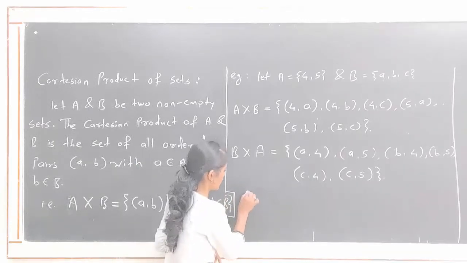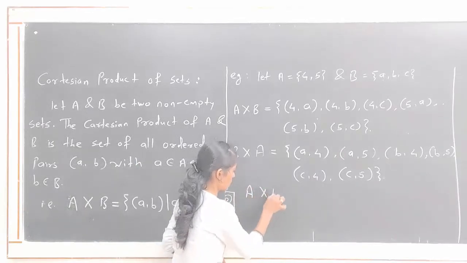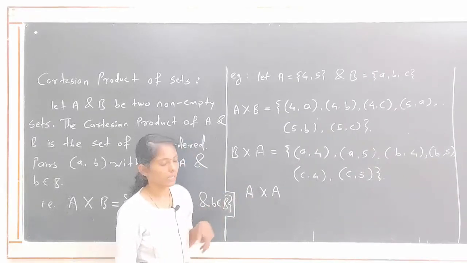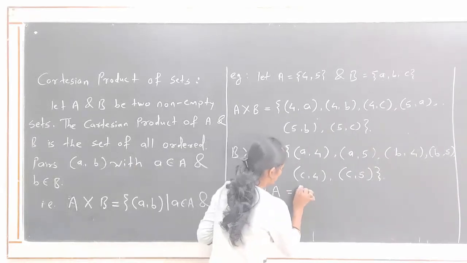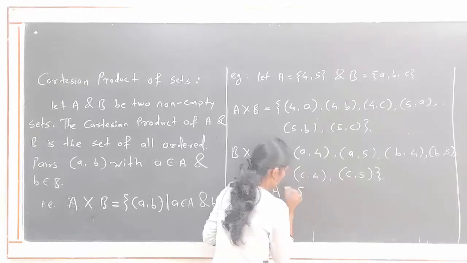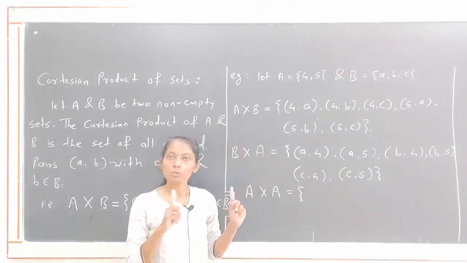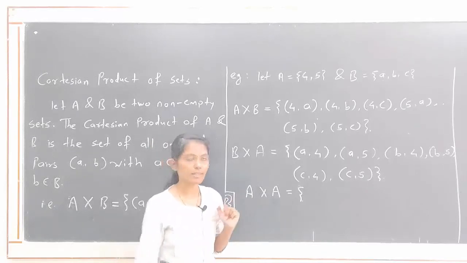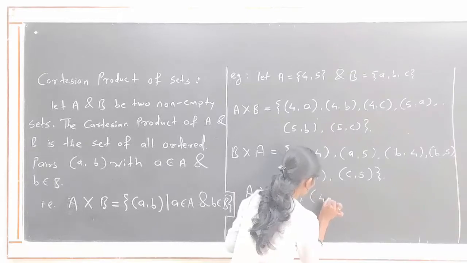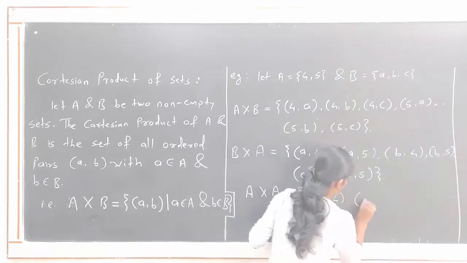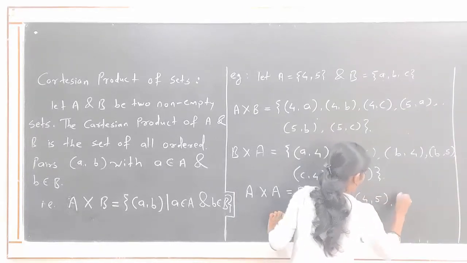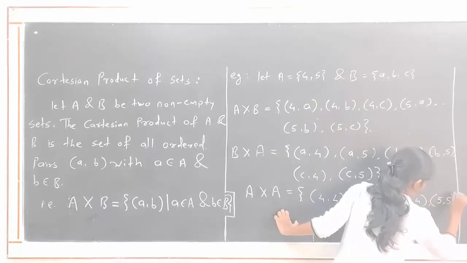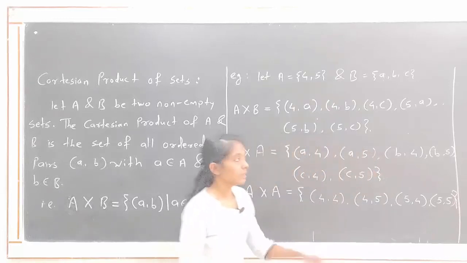Now we want to find the Cartesian product of A cross A, Cartesian product of A with A. Here we consider a belongs to A and b again belongs to A. That means we get A cross A: (4, 4), (4, 5), then (5, 4) and (5, 5), right?